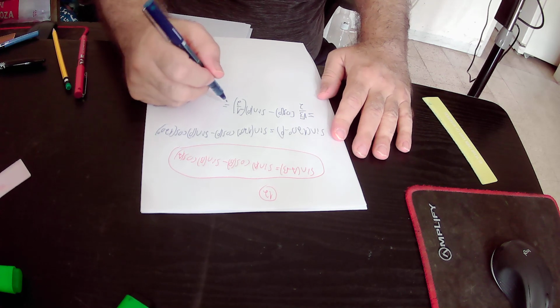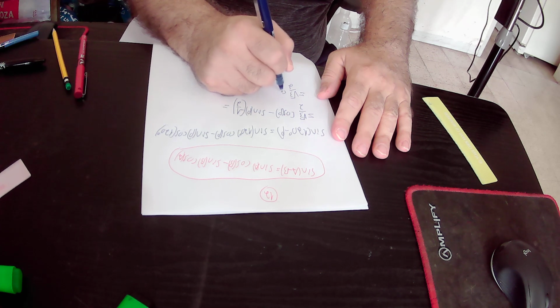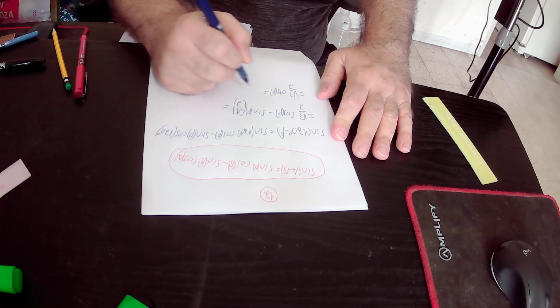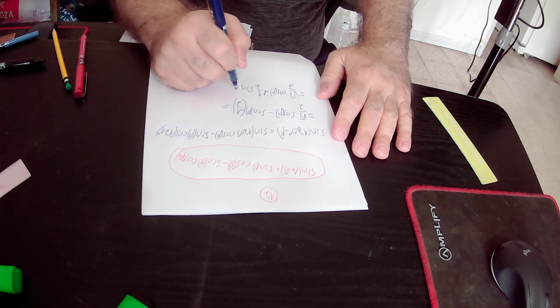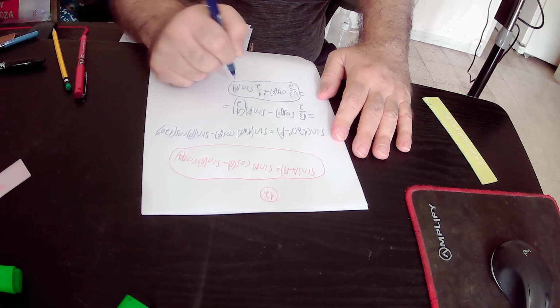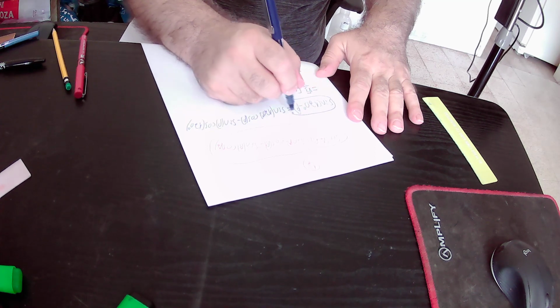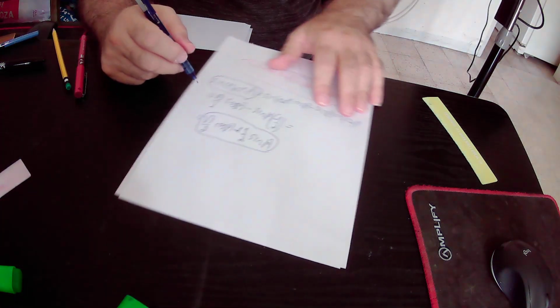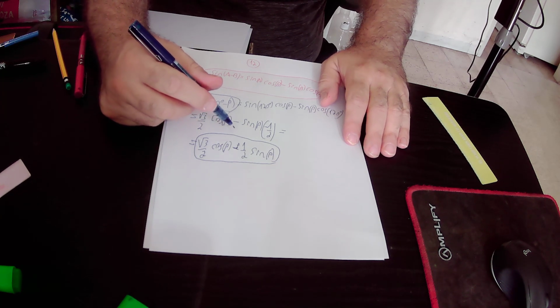So in total we get root 3 over 2 times cosine P plus 1 over 2 sine P. Okay, so we found out that the value of sine of 120 degrees minus P equals root 3 over 2 times cosine P plus 1 over 2 times sine P.